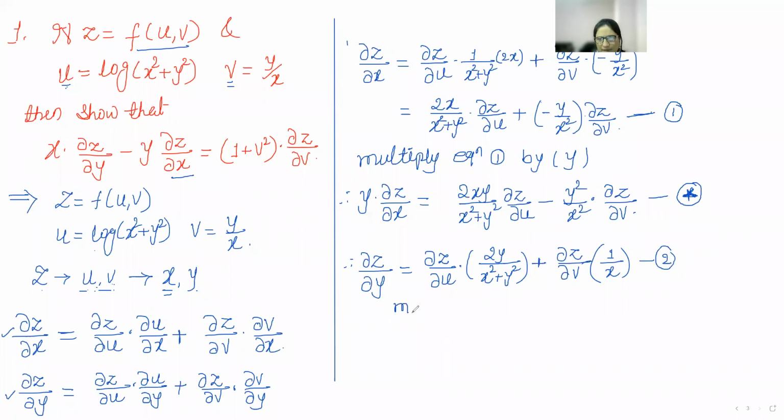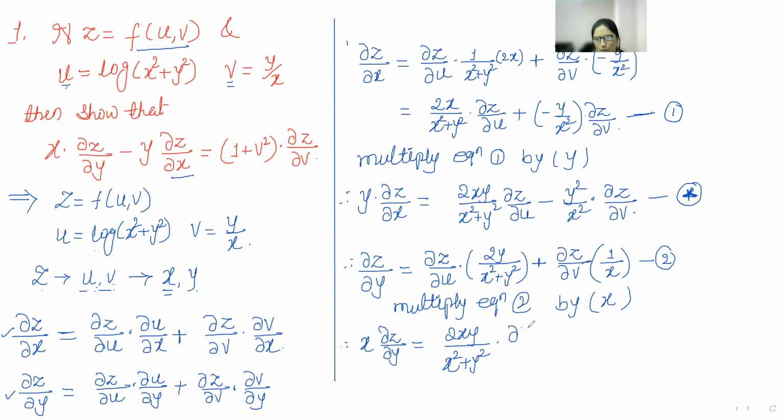Now multiply equation 2 by x. So x into dou z by dou y is equal to 2xy divided by x square plus y square into dou z by dou u plus x upon x, that is 1, into dou z by dou v, and this equation I am taking as the double star.